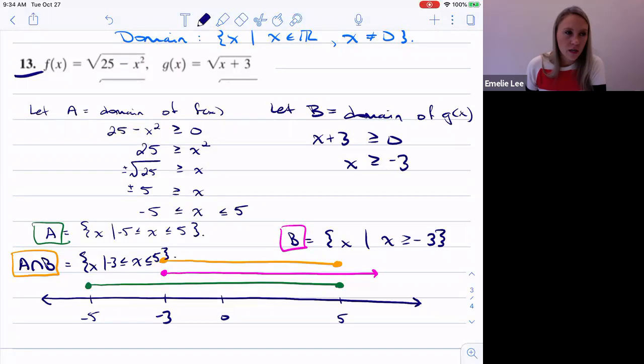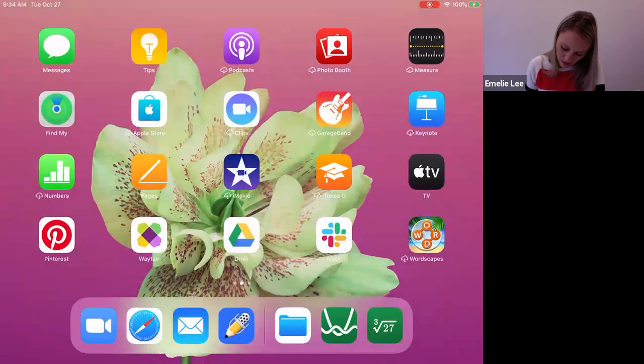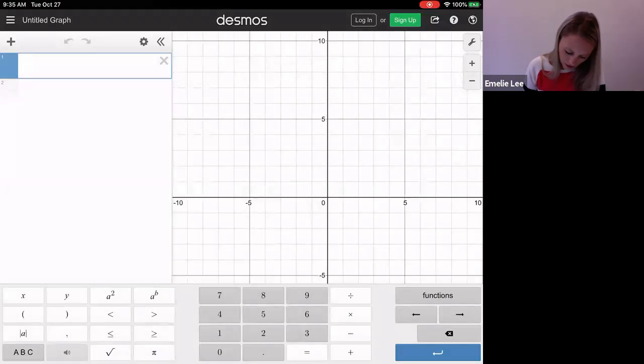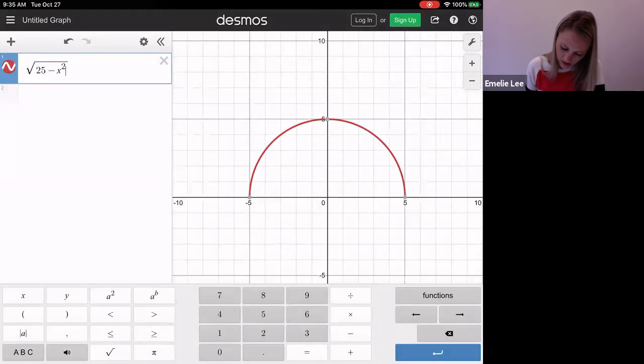Let's just check this first one, because it kind of gave me some grief. 25 minus x squared and then square rooted. Let's graph it in Desmos like Tim suggested. So I have the square root of 25 minus x squared.